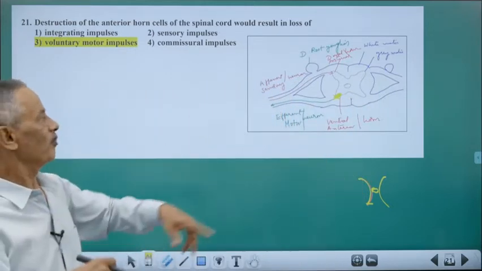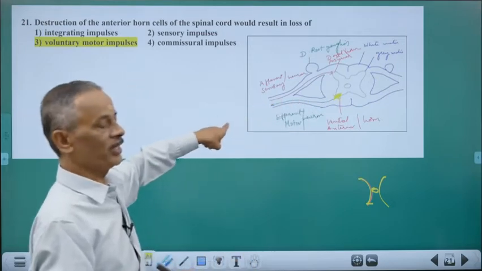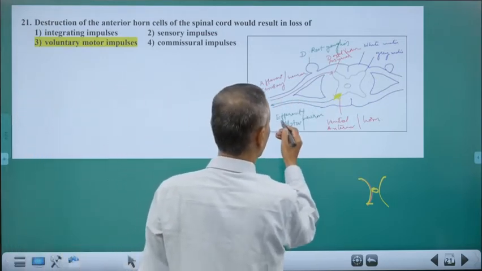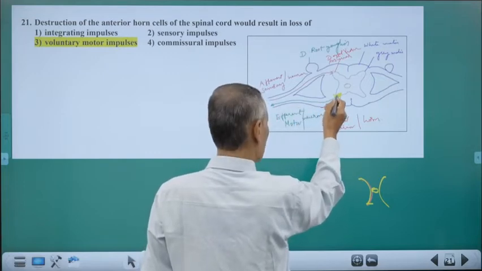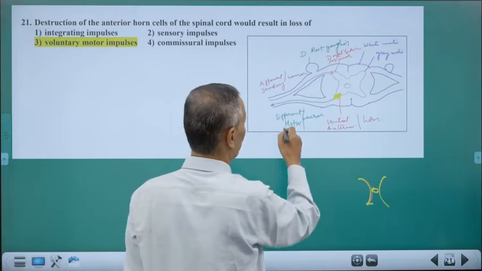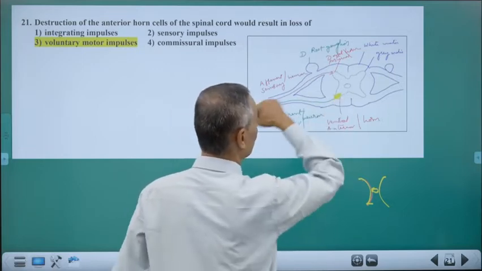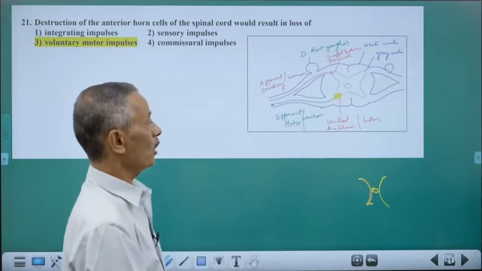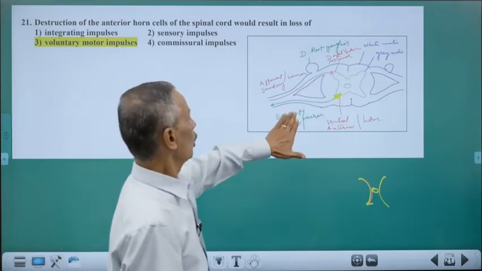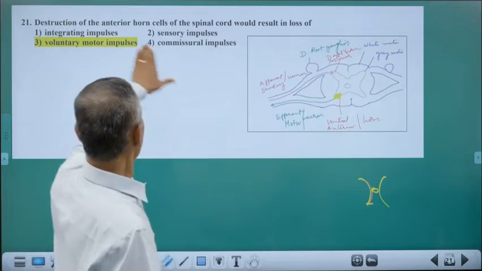Then no information is coming out. Motor impulses are coming from here. Remember, this is the root of motor neurons. Efferent or motor neurons arise from the ventral or anterior horn. When the cells of this part are damaged, no motor impulses are coming.